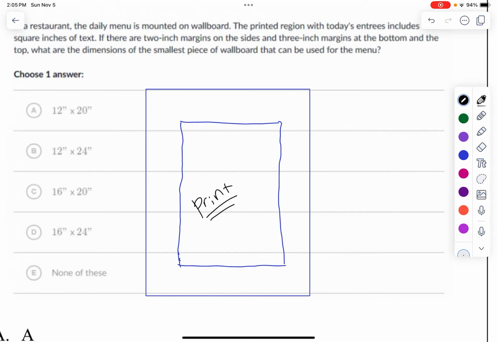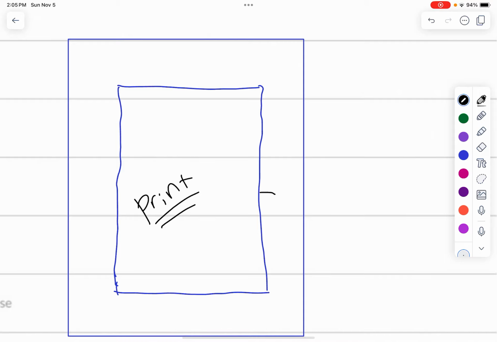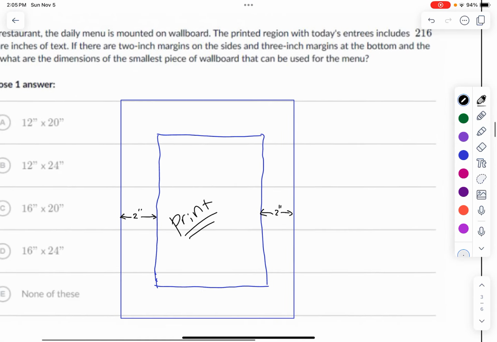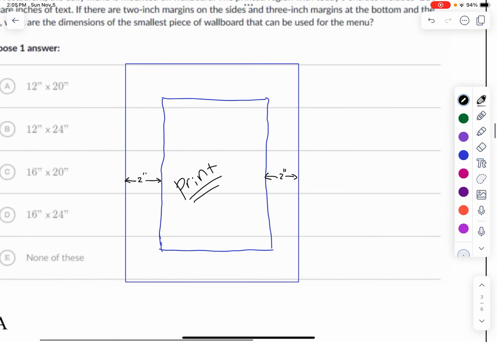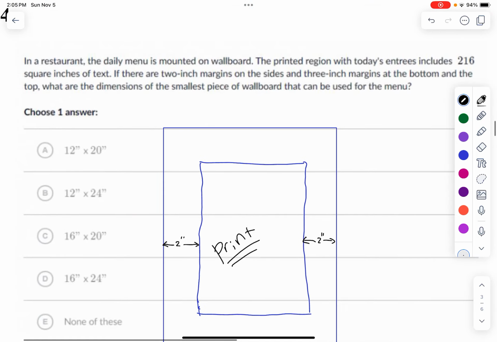It says there are 2-inch margins on the sides, so I'll just indicate that. 2. Okay, 2-inch margins on the sides, and 3-inch margins at the bottom and the top.